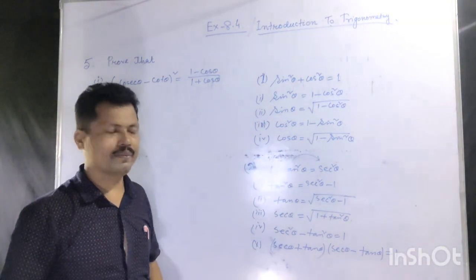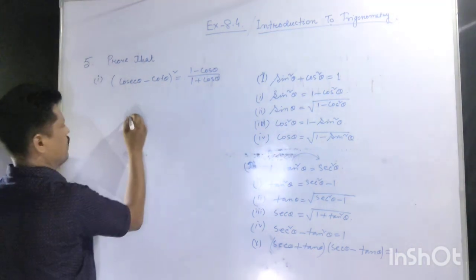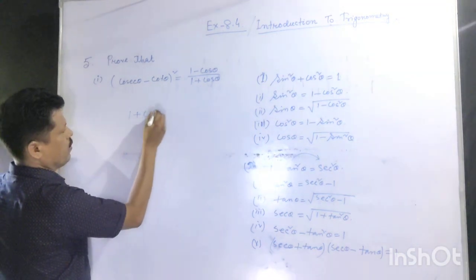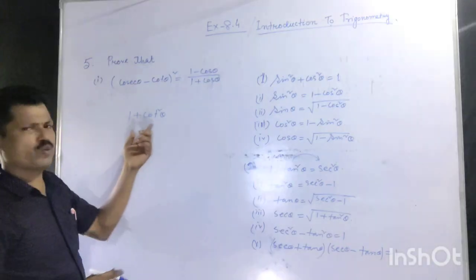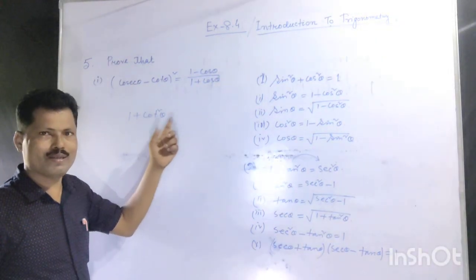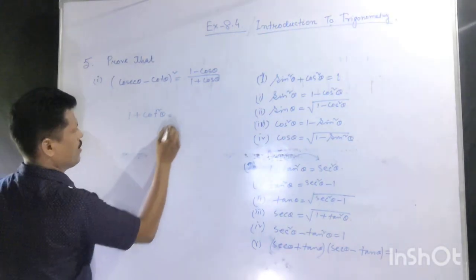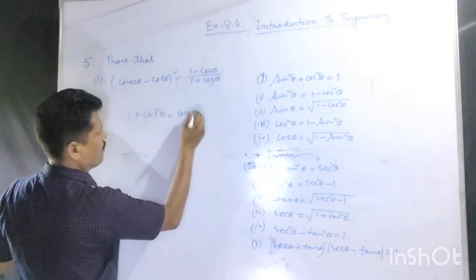Next, one more: 1 plus cot square theta, or cot square theta plus 1, same. That one is equal to what? Cosec square theta.